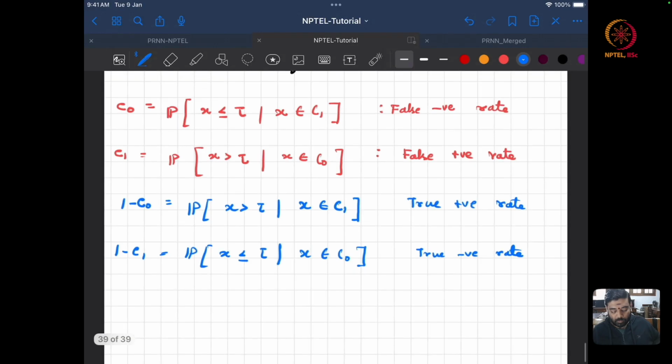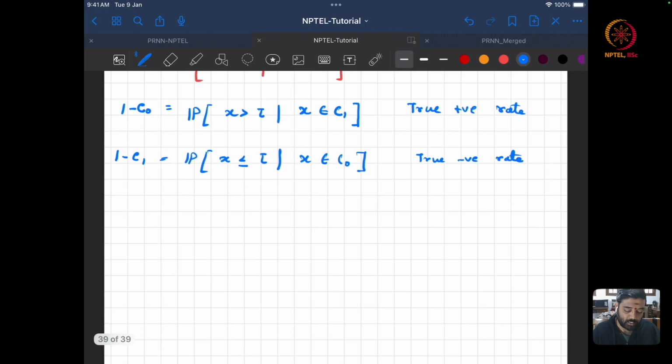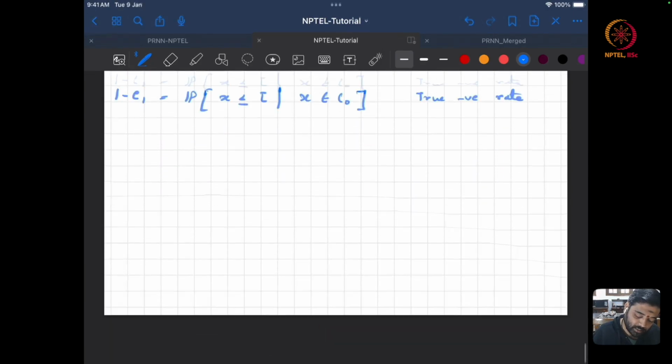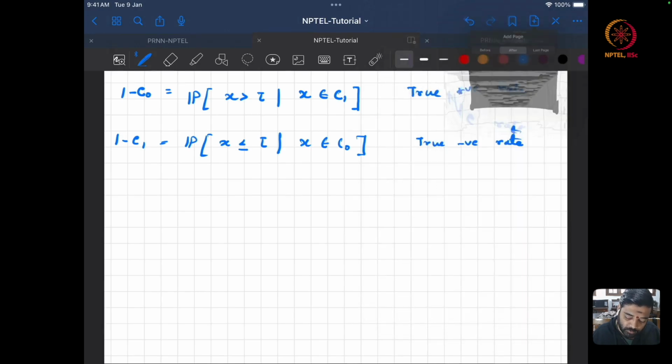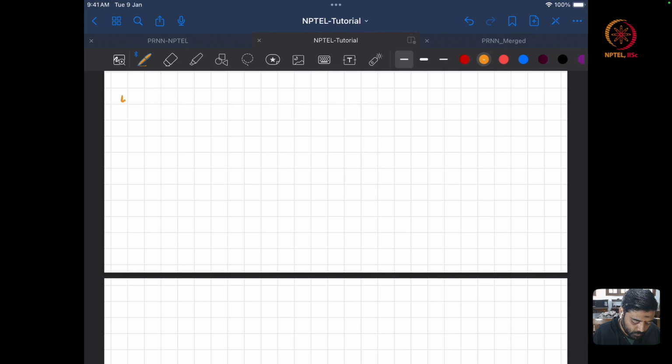Okay. Now I assume that these terms are comfortable. Now whenever we have these things, we come up with two more quantities of interest that in most binary classification problems you will be seeing repeatedly.